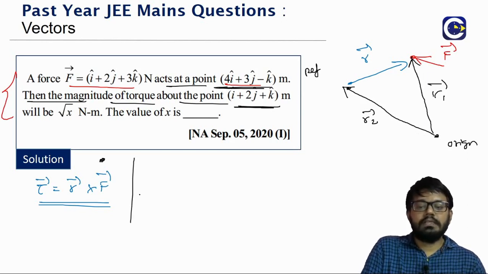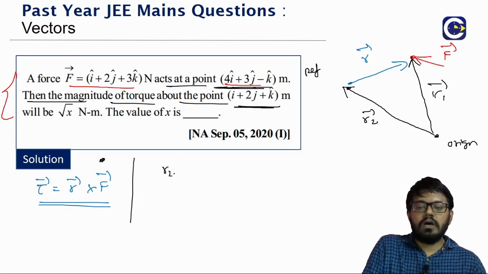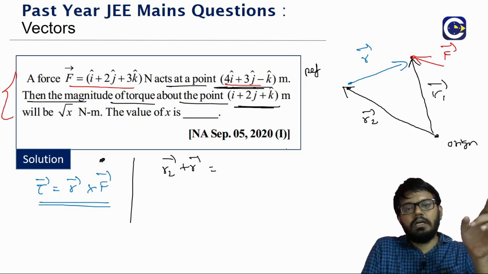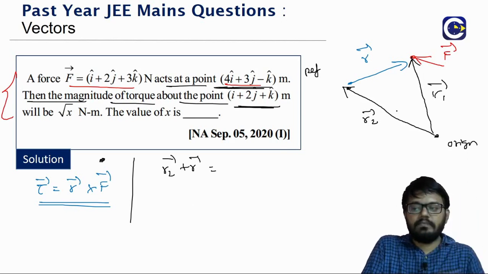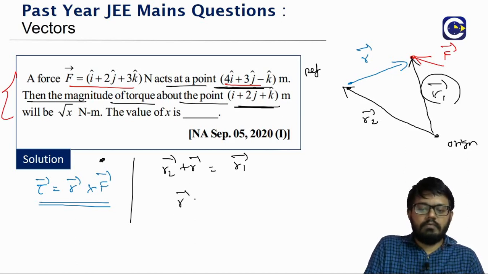Then using the triangle law of vector addition, r2 plus r are the consecutive sides of the triangle, and r1 is the third side in opposite order. So r2 plus r will be equal to r1. From here we have r is equal to r1 minus r2. So we can get the r value.